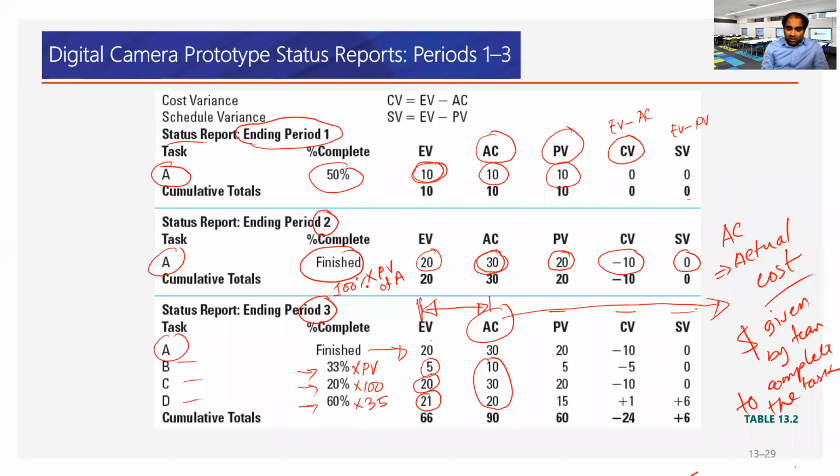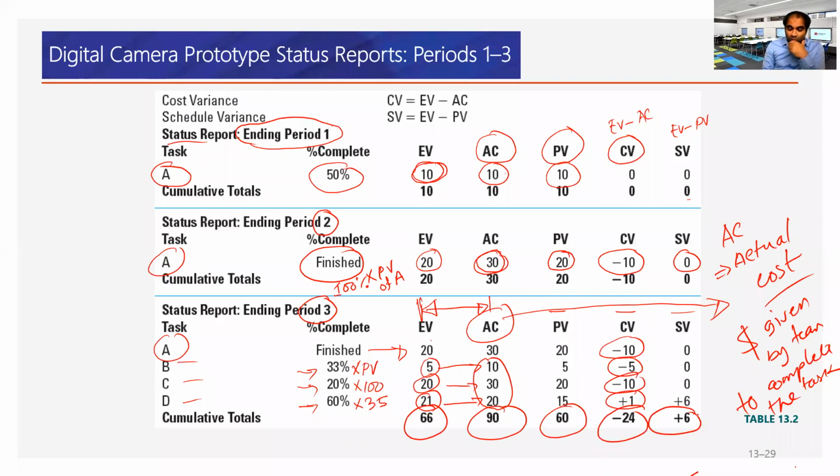So this is 5 minus 10, -5, 20 minus 30, -10, 21 minus 20, +1. This is overall earned value, actual cost, planned value, cost variance, and schedule variance.